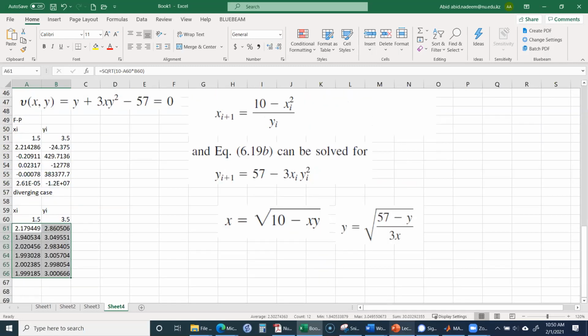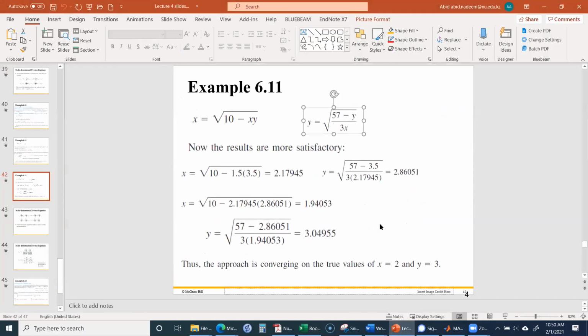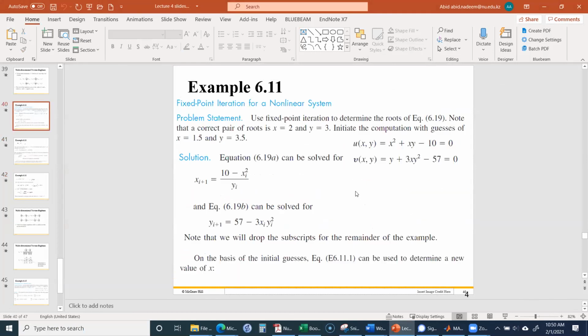So what we have learned from this method is that the fixed point iteration method sometimes may not converge, but by changing to some different form of the equation, we may get convergence. However, theoretically, it has been found that in order for this method to work very well, our initial guess should be closer to the real values.